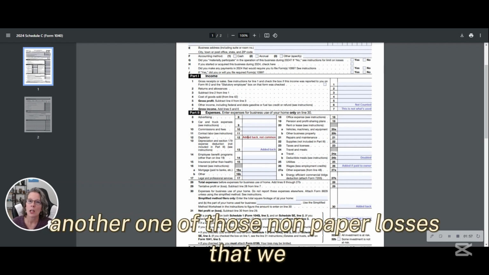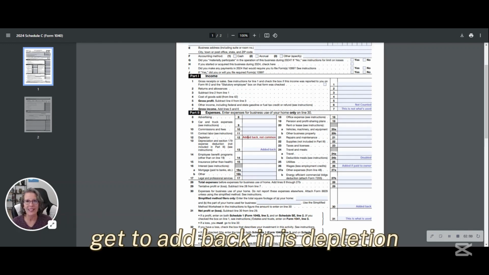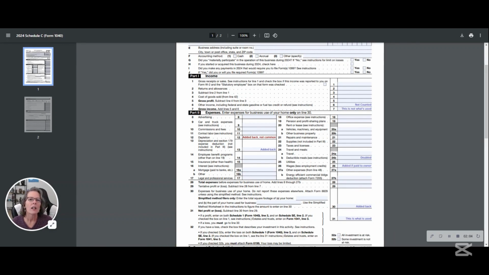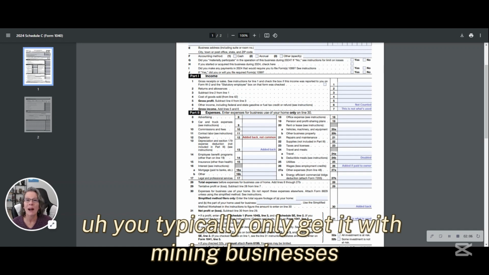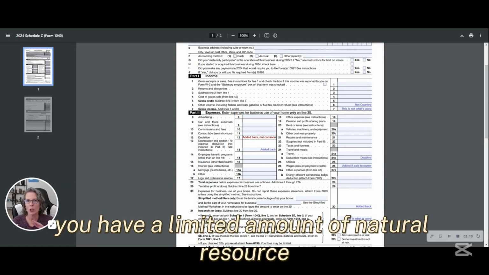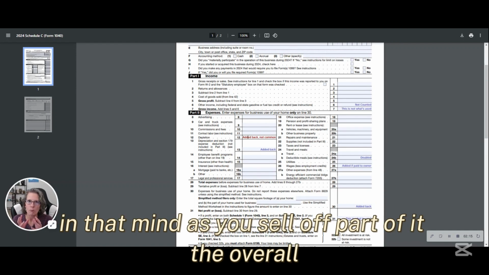Another one of those non-paper losses that we get to add back in is depletion. Now, this is very rarely used. You typically only get it with mining businesses. So if you've got a mining business, you have a limited amount of natural resource in that mine.